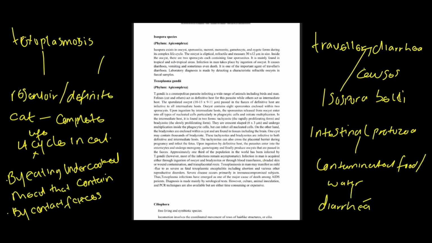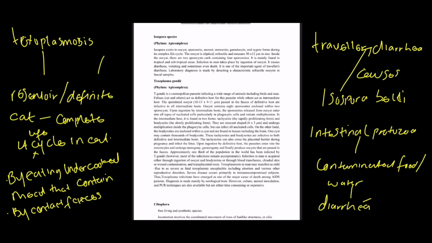It has a complex life cycle, requiring more than one host to complete it. It is transmitted by eating undercooked meat that contains the parasite, by contact with feces while handling cat litter, and through the placenta from mother to child during pregnancy.